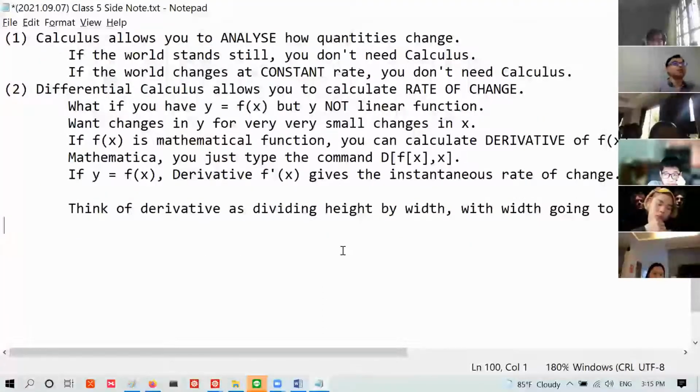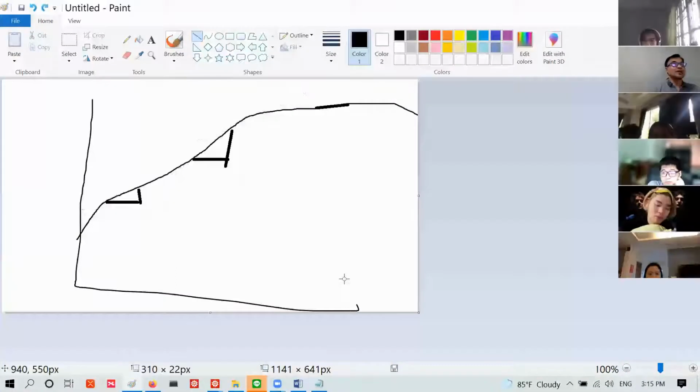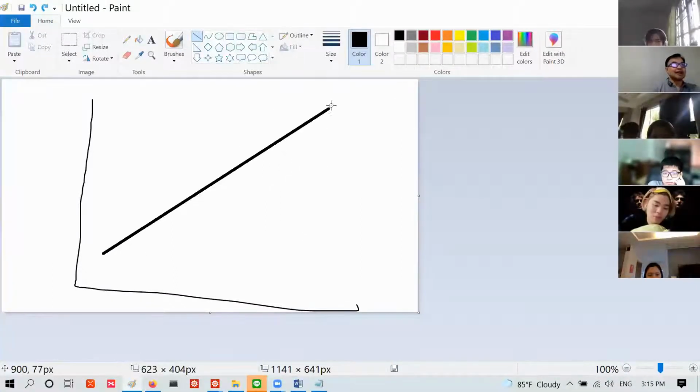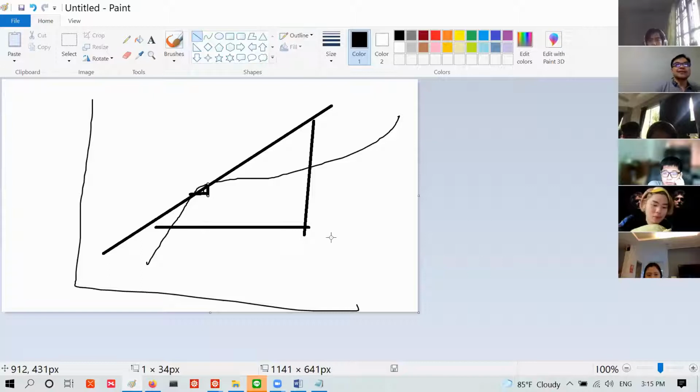That's a good intuition. So you have height divided by the width, but only at this point, so you have to make the width very tiny. The differentiation is dividing height by the width, but you're dividing by something that's getting close to 0.